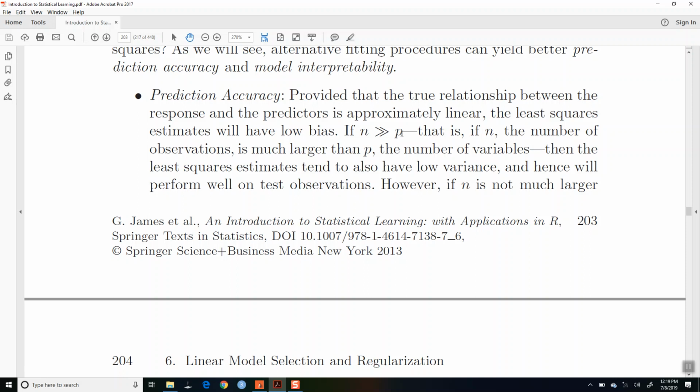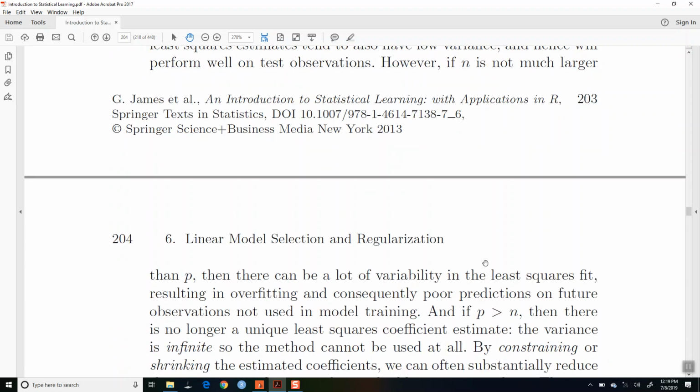But you might be in a situation where you have lots of predictors, where N is still bigger than P. Maybe you have 100 observations, but now you have 70 predictors, because you're collecting variables on everything and you're not quite sure which variables you want to use.